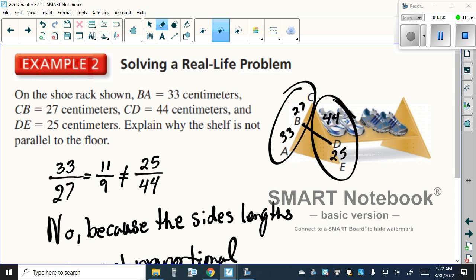Over here, 44 and 25, which one's bigger? 44, yes? Wait, did I just flip? So is there a chance that these were not going to be proportional? Well, yeah, because no matter how we set that up, they're not in the same setup. Because looking at this here, 33 over 27, bigger number over smaller. The other proportion is smaller over bigger, there's no way these are going to be the same.